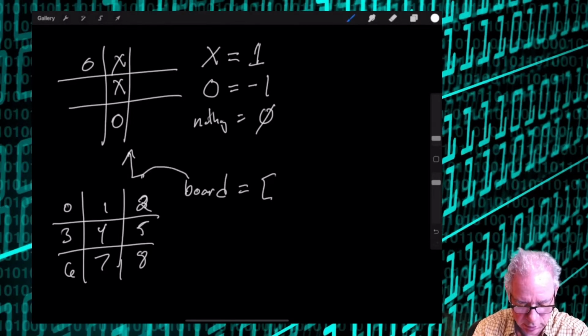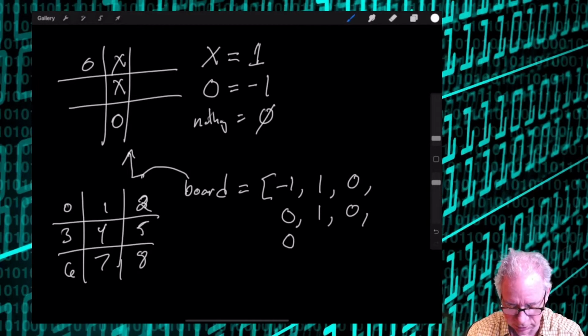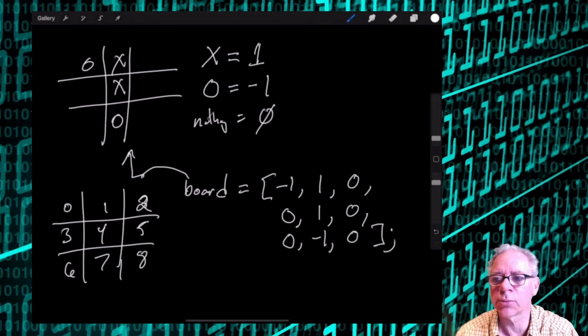This one up here is going to be first a -1 because there's an O in the upper left position, then a 1, and then nothing. And then the next one would be nothing, an X, and nothing, and the bottom one would be nothing and an O and nothing. So that would be the definition of our board.